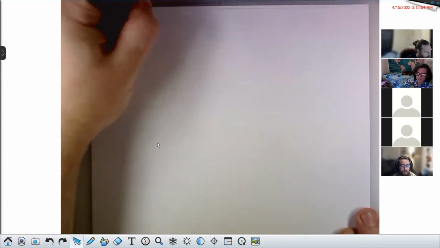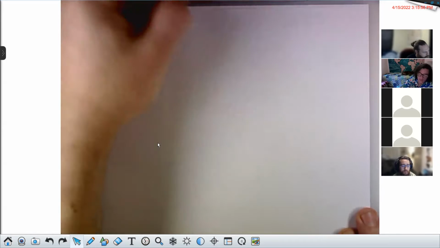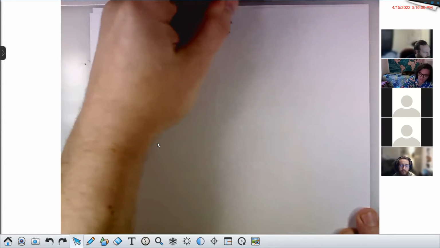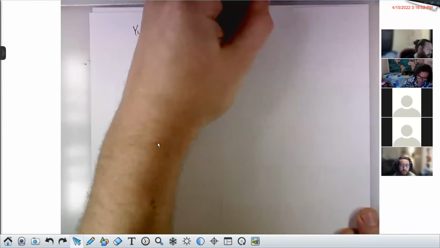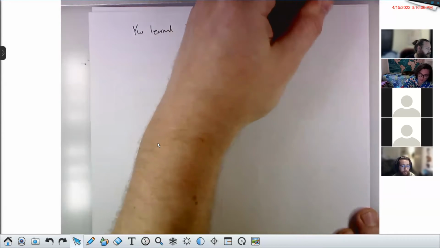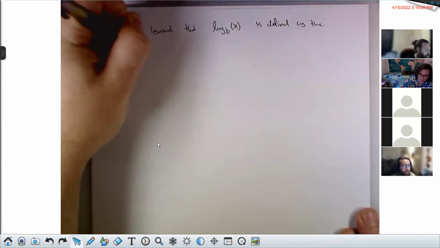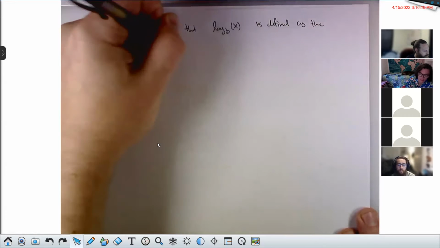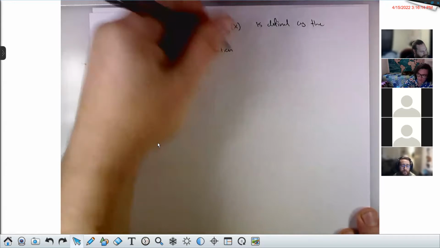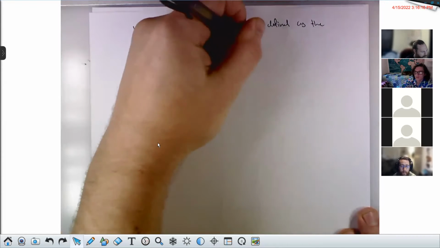You learned, no doubt, that the base b log of x is defined as the inverse to the function b to the x.